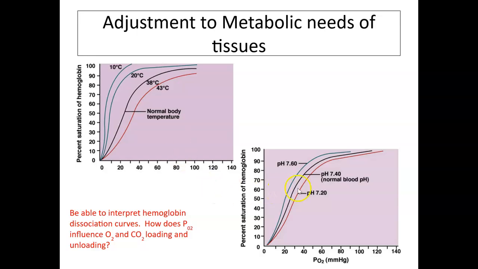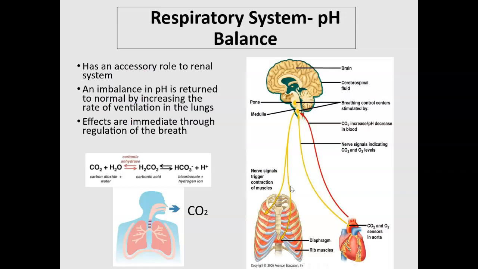Please note that you can also have a left shift of the curve occurring. In previous slides, blood chemistry and specifically pH were discussed. And now that the respiratory system topics are almost complete, we can take a look at how the respiratory system plays a role in pH balance in the body.